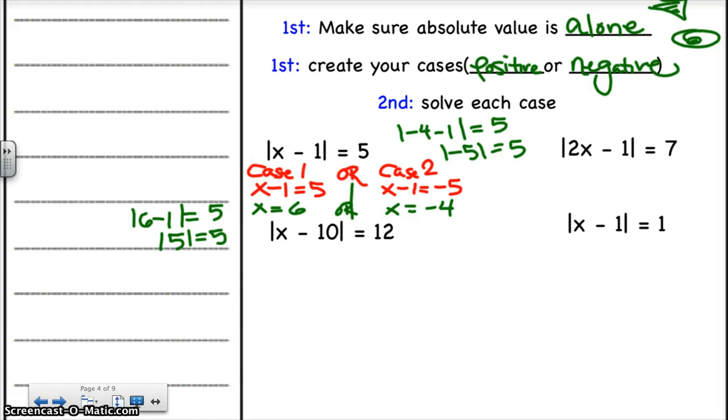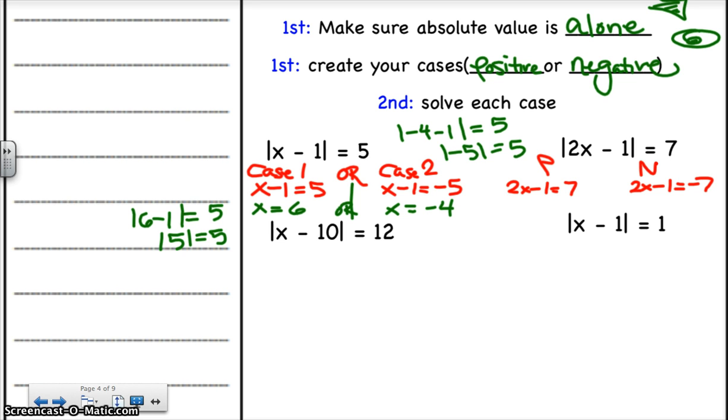So our positive case, you could even do this, or just write a P for positive, and a P for your negative case. 2x minus 1 equals 7, or 2x minus 1 equals a negative 7. Both of them are 7 away from 0.